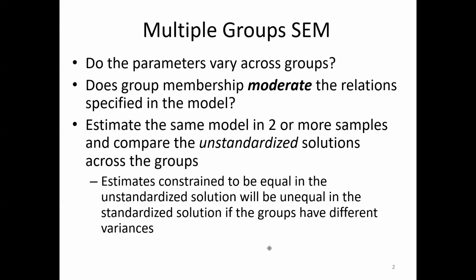So motivation is a better predictor of how you respond to this item in one group than in another group. Which means that this item's a better indicator, right? For the group in which this loading is higher.